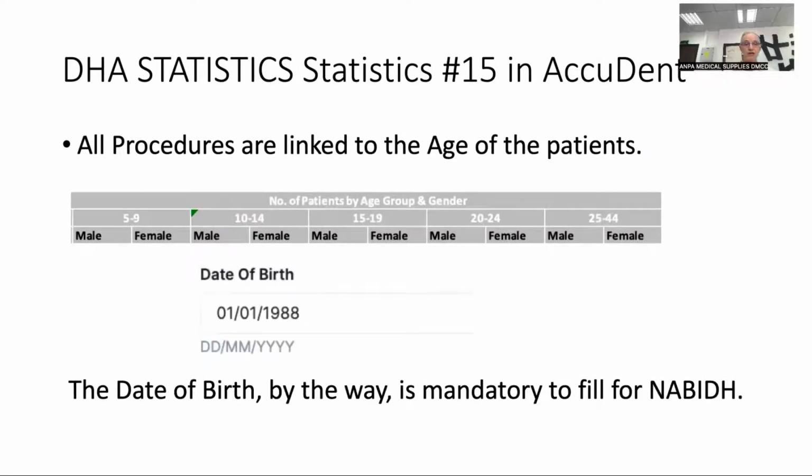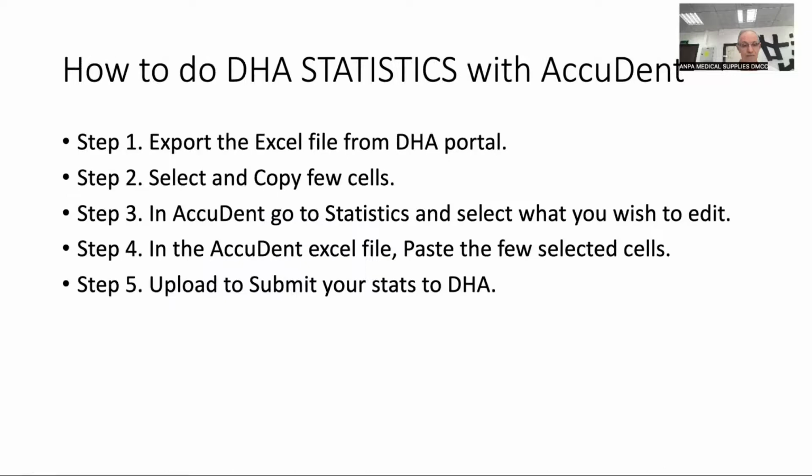All the procedures in 15 are linked to the age of the patient, so there is from 5 to 9, from 10 to 14, etc., male and female. So we have the age, the gender, the date of birth, and all these things will be automatically calculated. You don't have to calculate anything else.